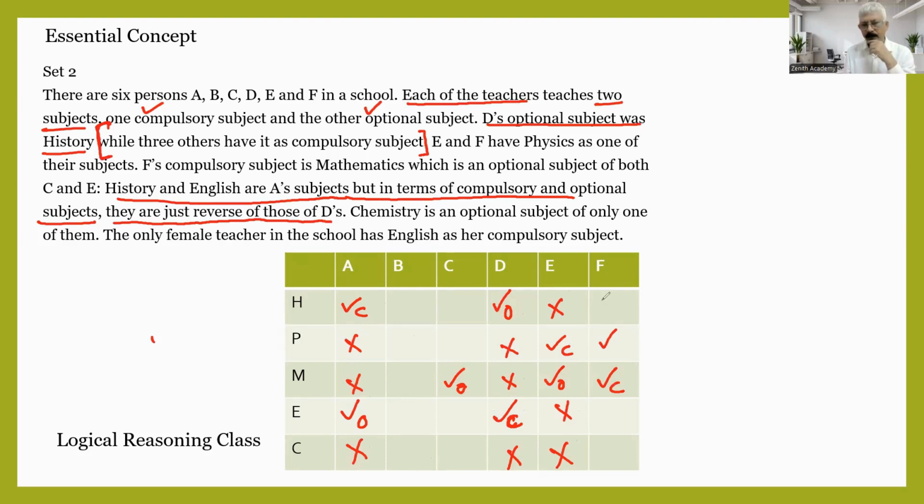Here one is compulsory, so the other is optional. And C's optional subject we decided. Only B's subjects are not decided yet. So chemistry is an optional subject of B.